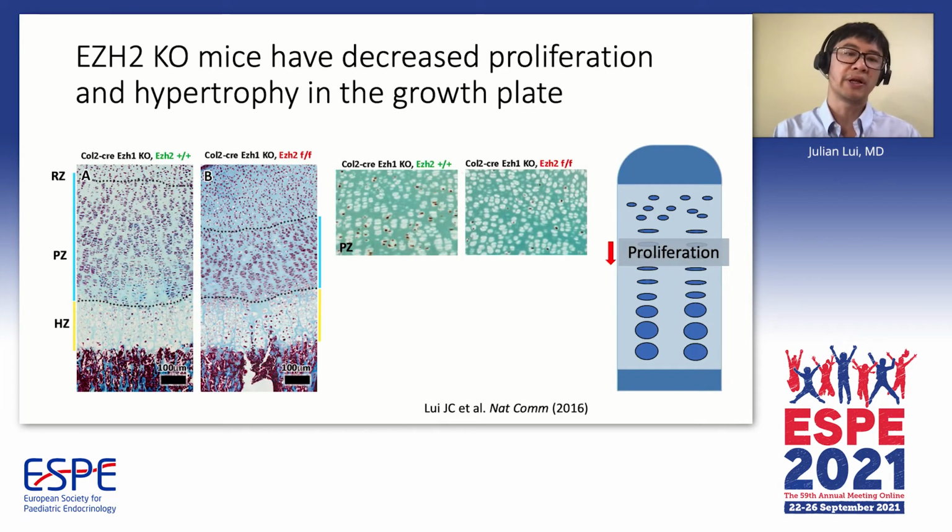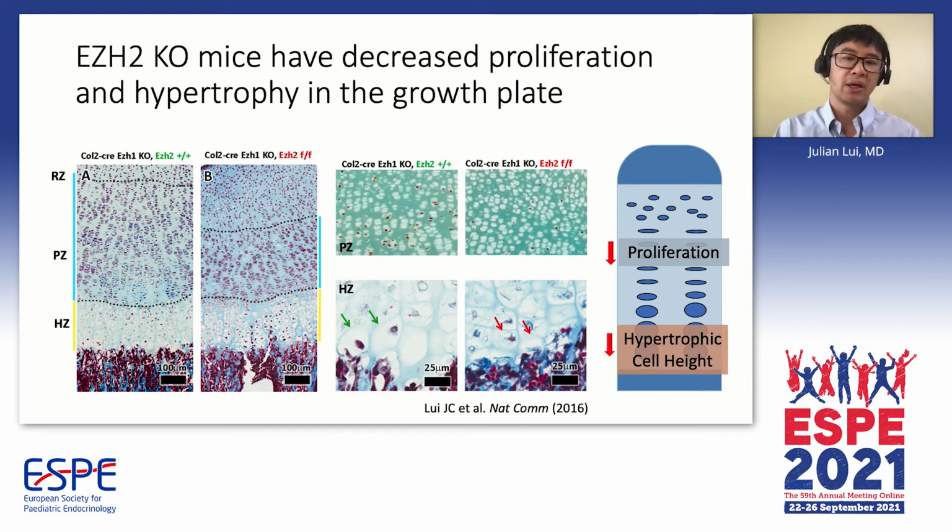When we look at the growth plate, these knockout mice have decreased chondrocyte proliferation, with decreased length of the column, and decreased proliferation as shown by BrdU staining, which labels the cells in the S phase of the cell cycle. We also saw that the hypertrophic chondrocytes are not as big, suggesting they were unable to fully undergo hypertrophy.